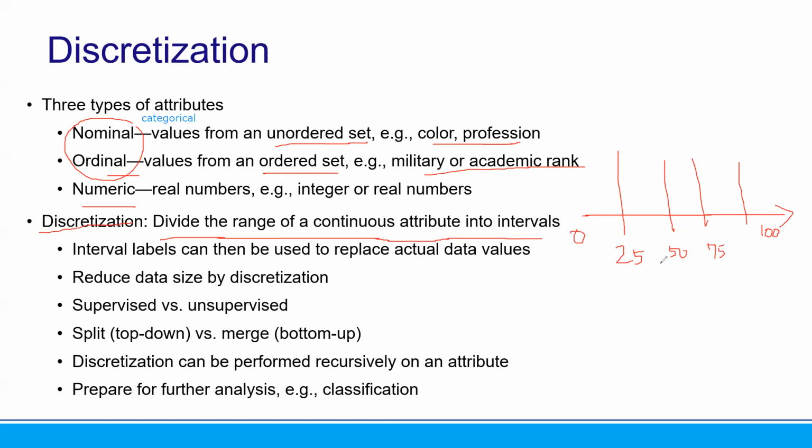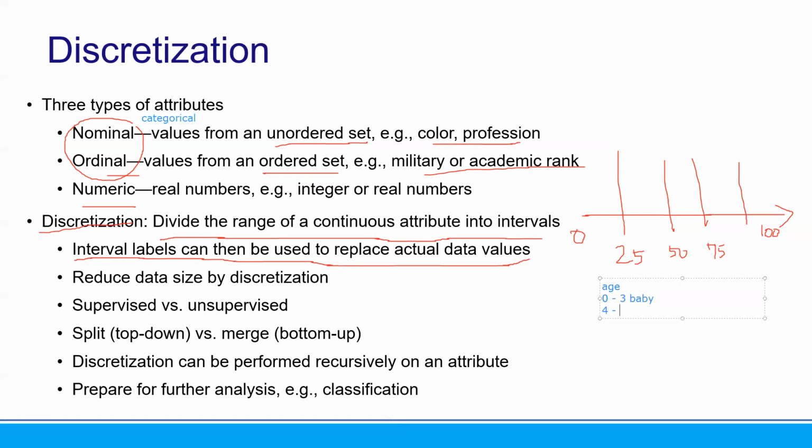So how can we do this discretization? There are some ways. We can have interval labels that can be used to replace the actual data values. The most common interval labels are for age. From 0 until 5, we can say baby.